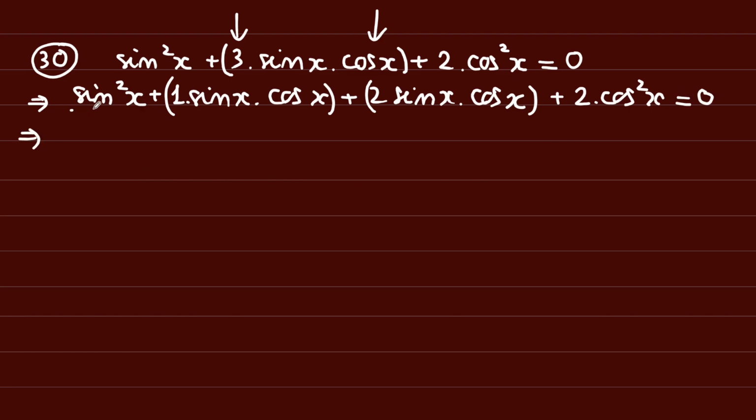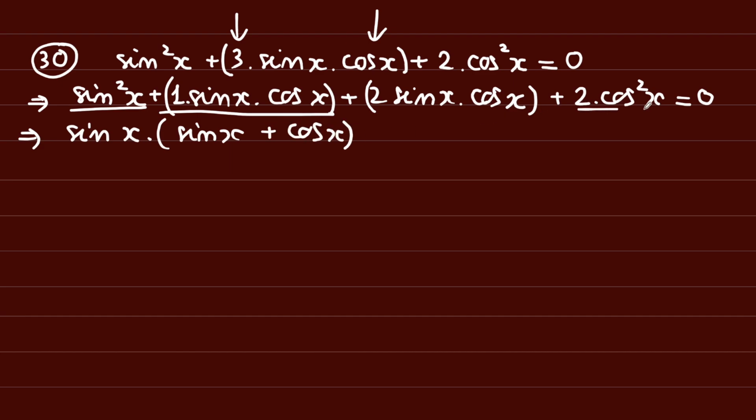Factorizing this one, the first term and the second term also have the common factor sine x. I can take sine x outside this bracket. Inside the bracket, you got sine x plus cos x. And the same idea with this one, you got cos and you got the 2 cos, so the common factor of the second term will be 2 times cos x here.